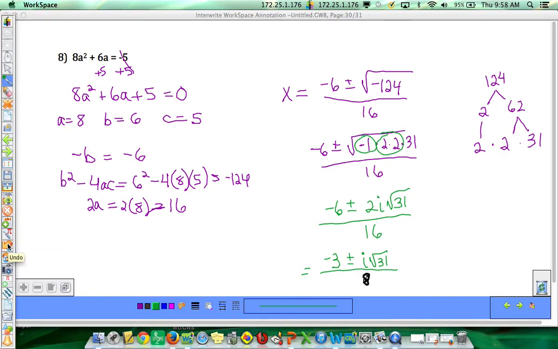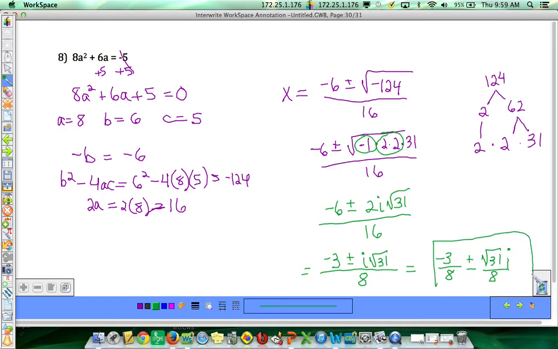Okay. So if you separate this out into a plus bi form, that's the same as saying negative 3 over 8 plus or minus square root of 31 over 8 times i. And that is our simplified answer.